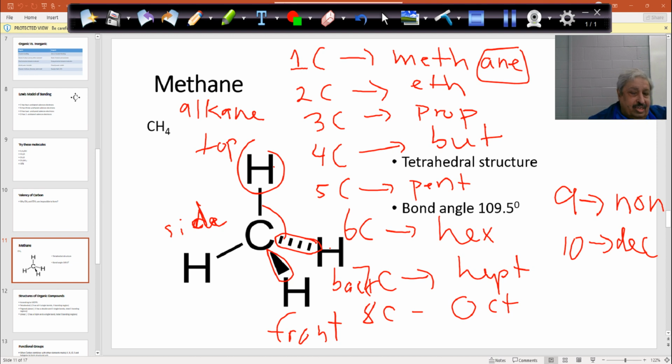But with this type, the dotted ones always mean the back. And sticking out is the front of me. And that is the top and this is the side. Okay, guys? They have just one single bond, there's no front and back, but I have to designate where the back of the molecule is and where the front of the molecule is.